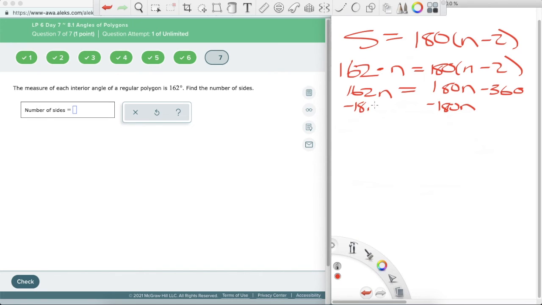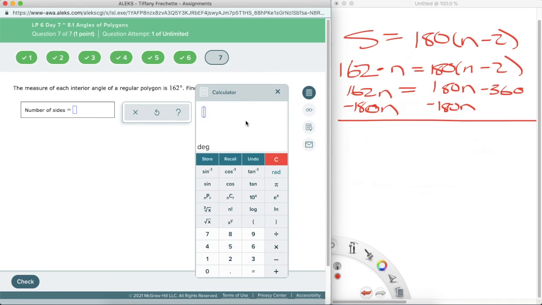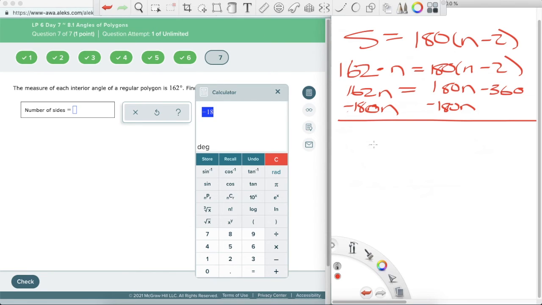And then we have our calculator here, so we can start calculating. 162 minus 180. So I do get a negative. Normally we don't want negatives when we're dealing with length or angle measures, but don't get too crazy too quick, because part of this is that we're going to have to cancel this out, but this negative 360 comes down.